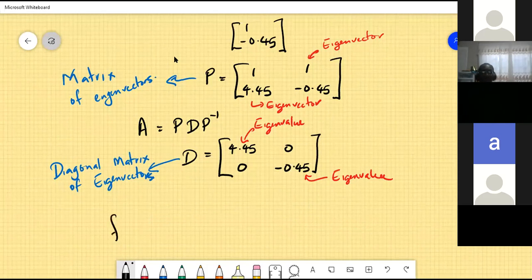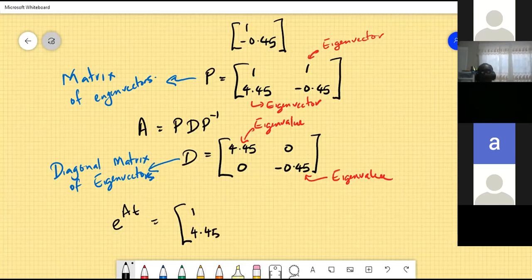Now, the other rule is that for any matrix function of A that we want to find, for example, let me just write it down, e to the At is going to be equal to P D. Now this is where the function of the matrix comes in, not just A now, we want e to the At.